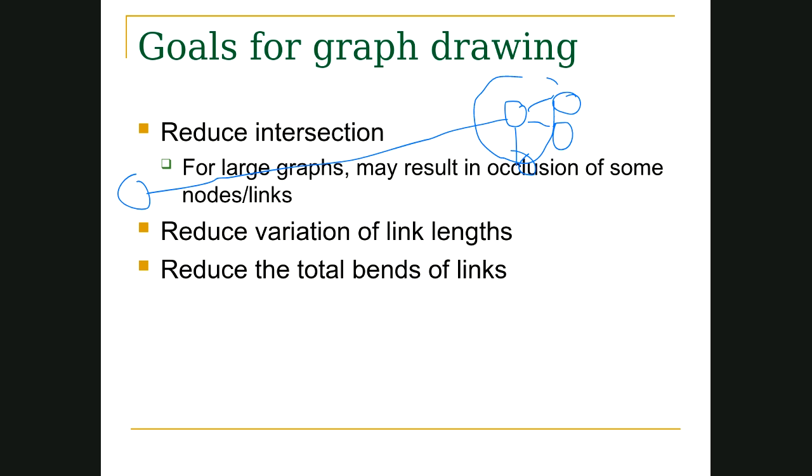So if I'm able to have a graph where the links have about the same length, then it's going to be easier to estimate. Things that are close together are really close together mathematically, logically. And things that are far apart are really far apart. There are steps in between to get there. So that's this idea of reducing the variation of length.